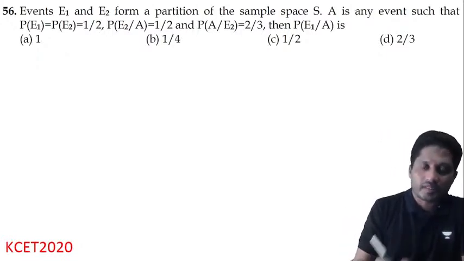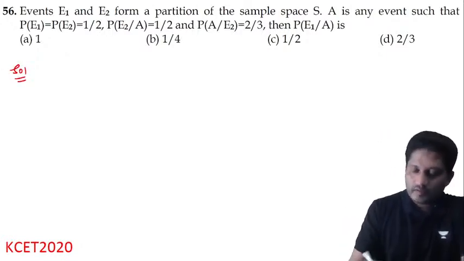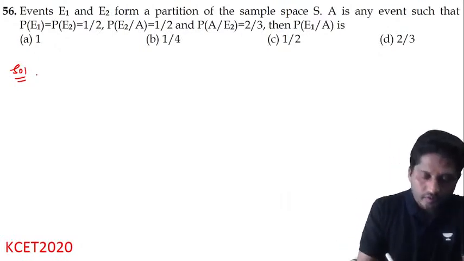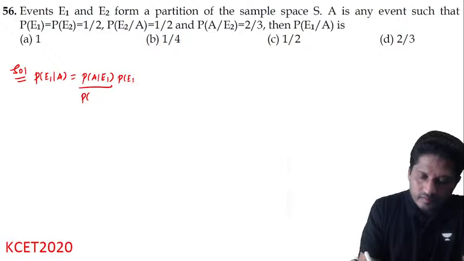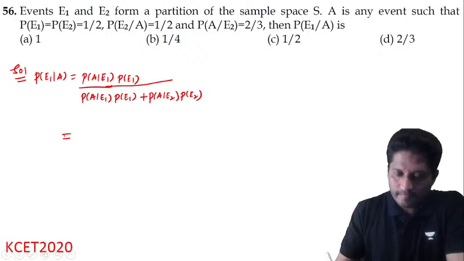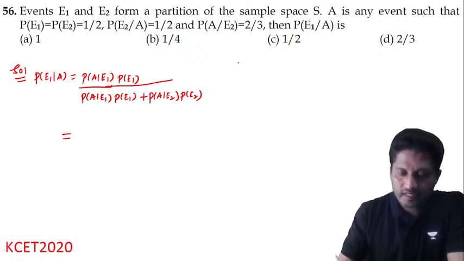Okay, it's a question on Bayes theorem. Follow carefully. P of E1 given A is equal to P of A given E1 into P of E1 upon P of A given E1 into P of E1 plus P of A given E2 into P of E2.